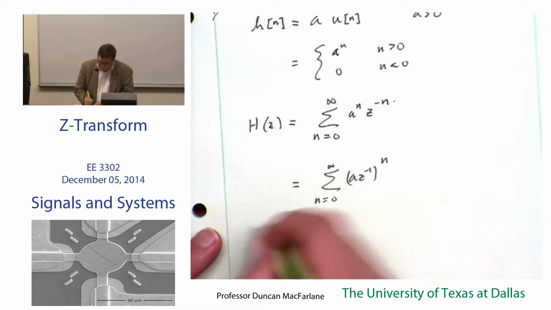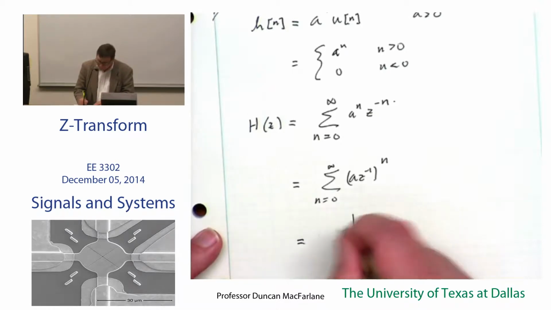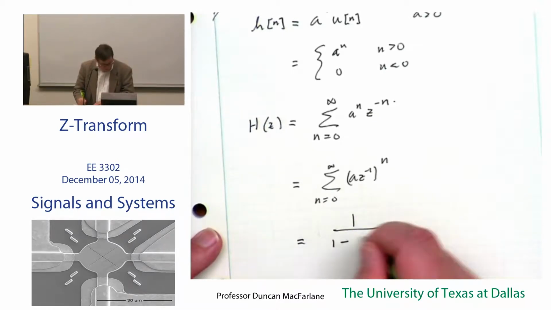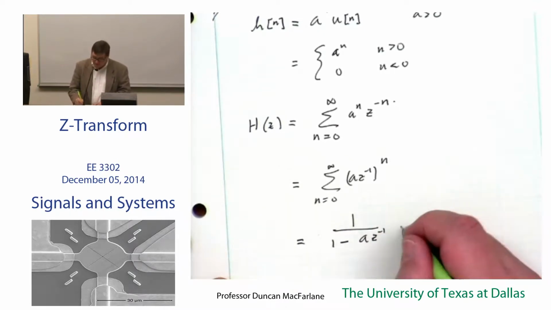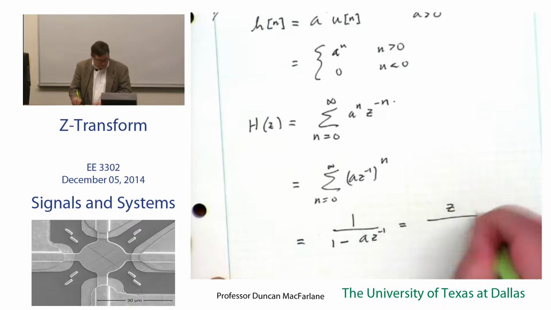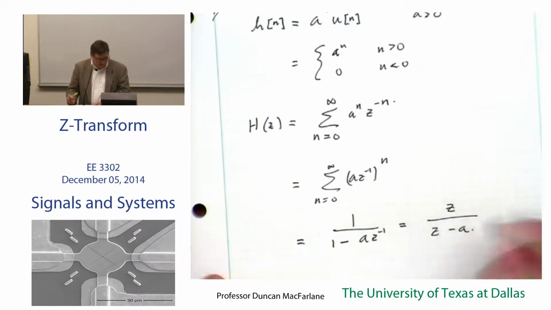Anyway, if you do the summation formula, then it's 1 over 1 minus a z to the minus 1. And if I factor this, I get z over z minus a.